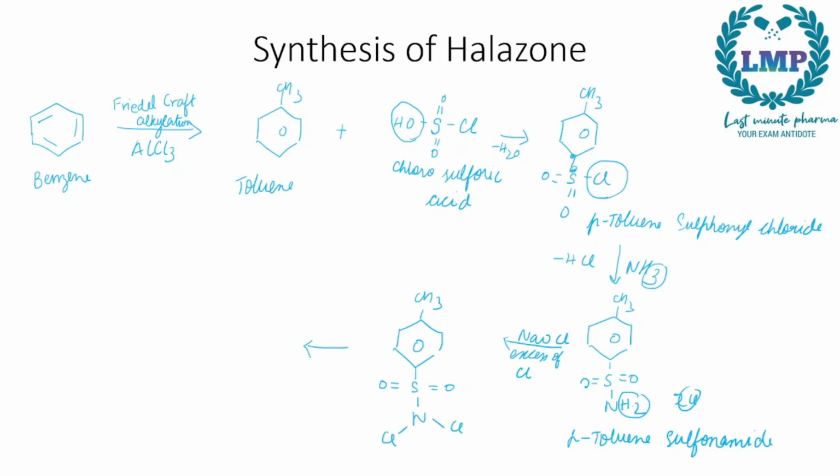Now the next step is addition of oxygen, that is oxidation, in the presence of KMnO4, which is an oxidizing agent. So we will get, instead of the CH3, C double bond OH. Along with this we will have S double bond O attached with.